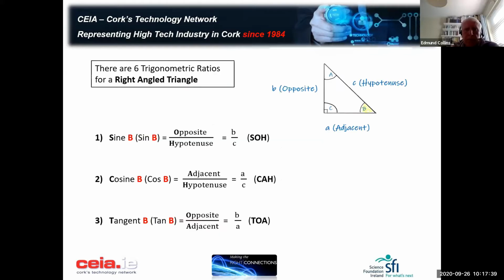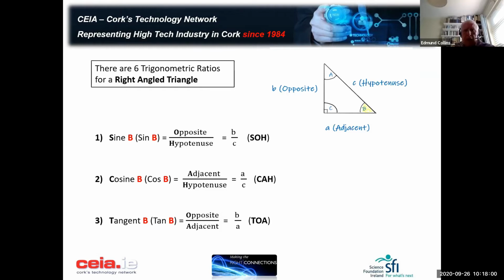Okay. Now we're going to move on to the trigonometric ratios. You should be very familiar with these, the first 3 anyway, because they come up quite a bit in questions, and they are used extensively in problem solving in trigonometry.